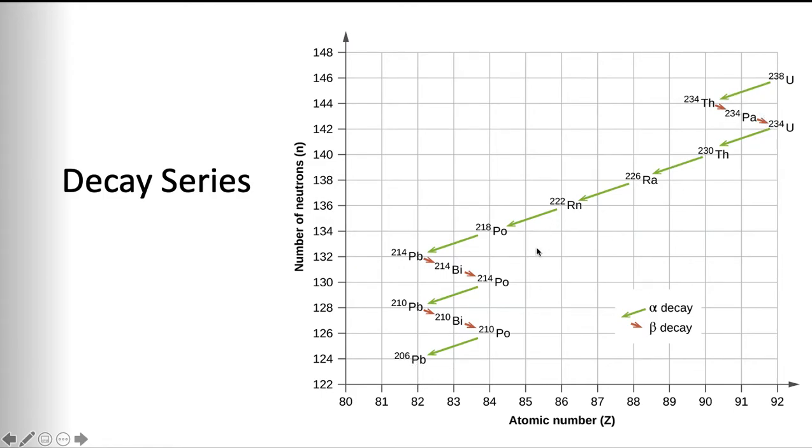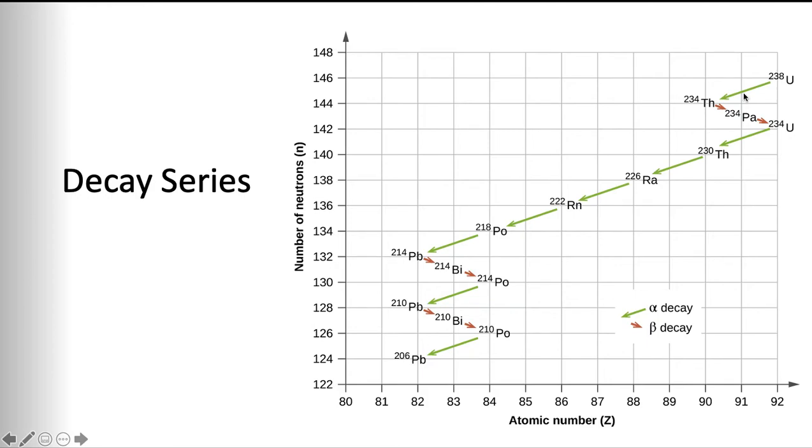The first isotope is called the mother isotope, and these are the daughter isotopes, or daughter nuclides, and they typically undergo alpha decay, but some beta decay as well.